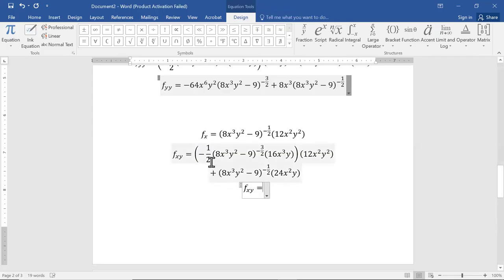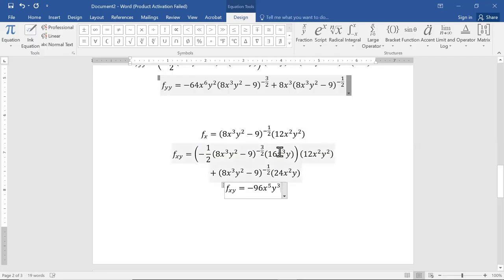So the mixed partial f of xy, I can clean this up a little bit. I get negative 1/2 times 16x to the third y times 12x squared y squared. So I get a negative 96 x to the fifth y to the third.